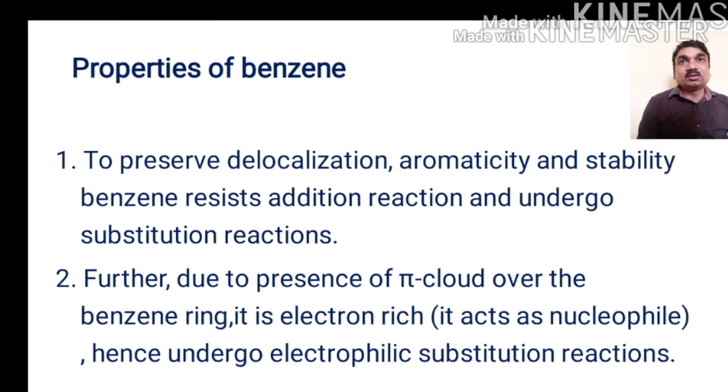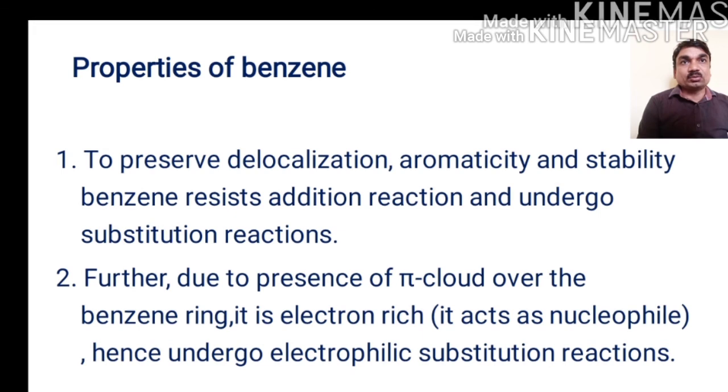Number 1. To preserve delocalization, aromaticity and stability, benzene resists addition reactions and undergoes substitution reactions. Number 2. Due to the presence of the pi electron cloud over the benzene ring, it is electron rich and acts as a nucleophile, hence it undergoes electrophilic substitution reactions.